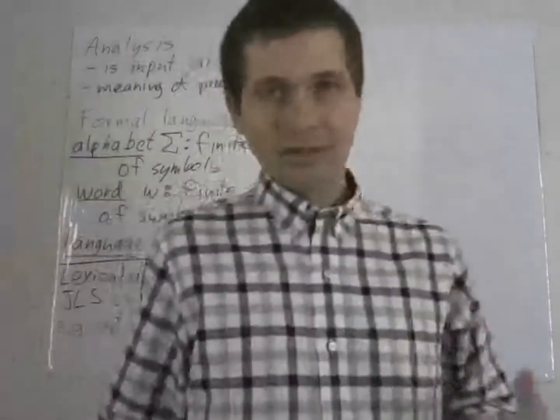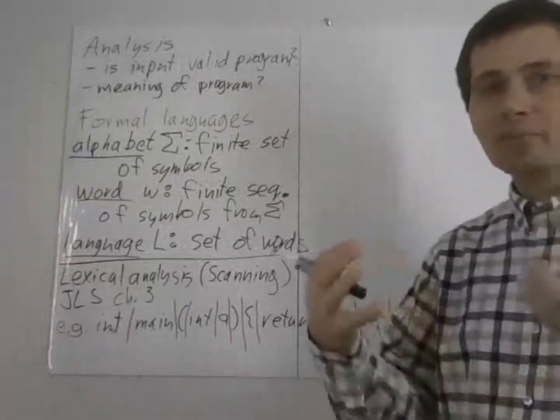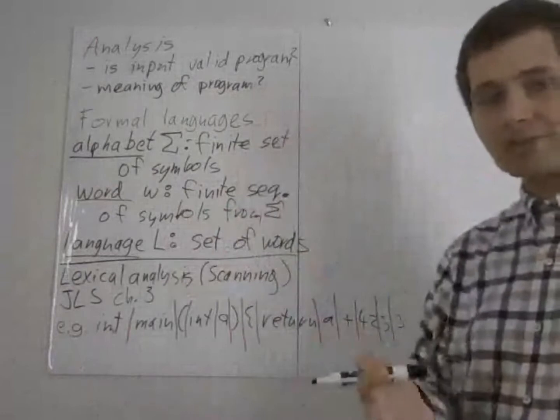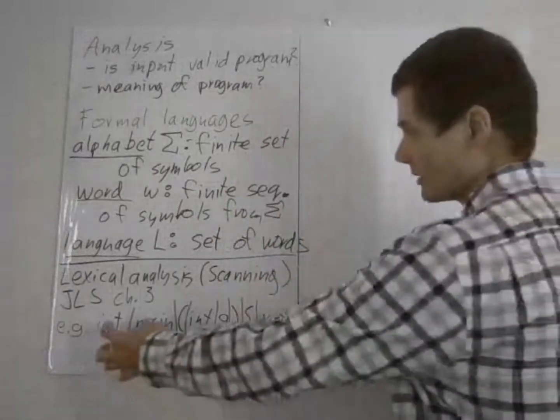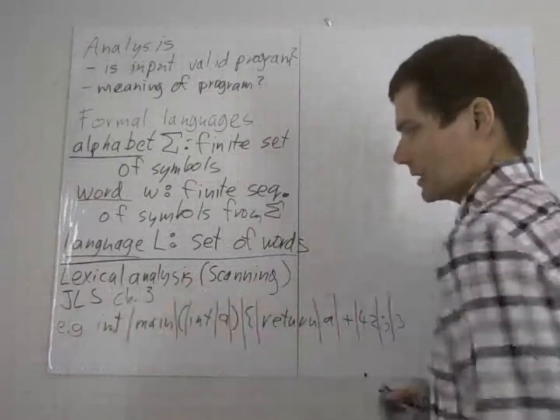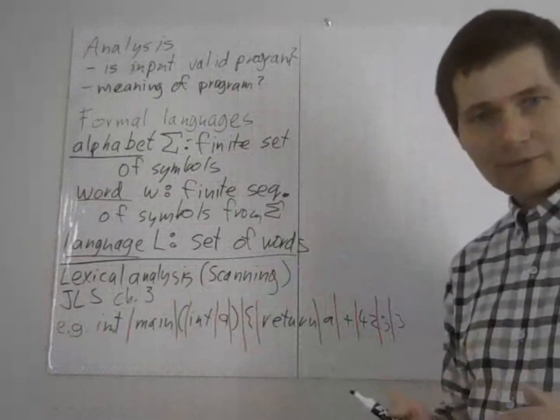Part of the reason why we do this is that for the parser, which is going to come after the scanner, it's easier to work with tokens, with these characters grouped into words or tokens.